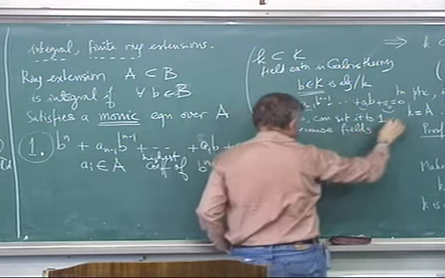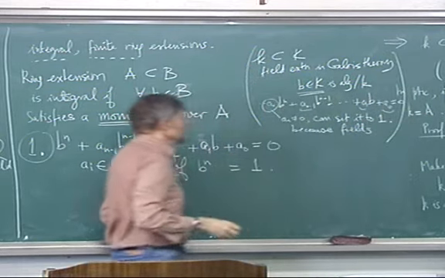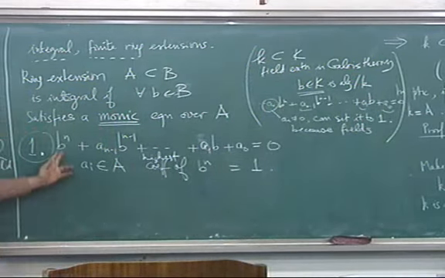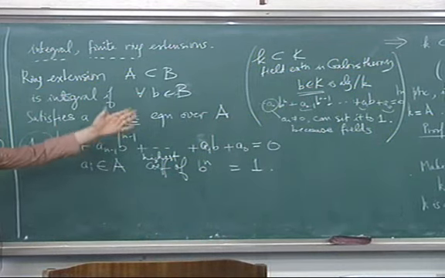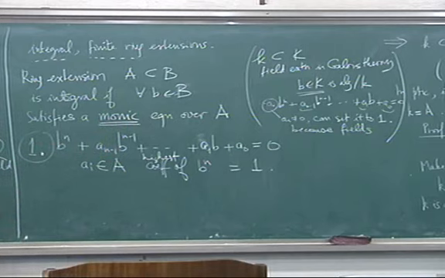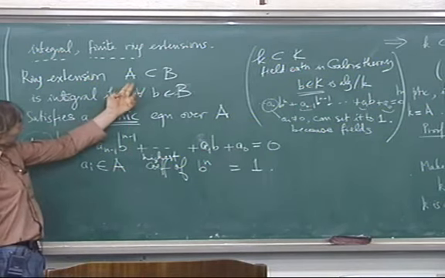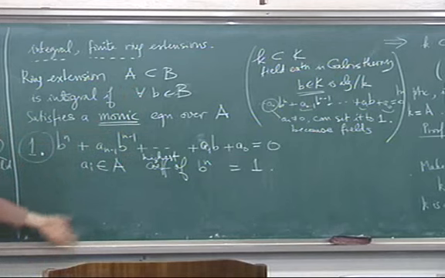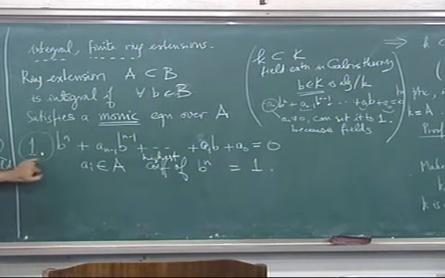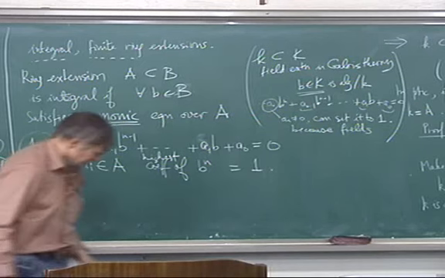This is just a remark. It is almost the same as the definition of algebraic extension of fields in Galois theory, except that here I'm insisting we're working over a ring A. We're not necessarily able to divide out by this leading term, so I insist that when I have this algebraic relation for b over the smaller ring, it has coefficient 1 there.